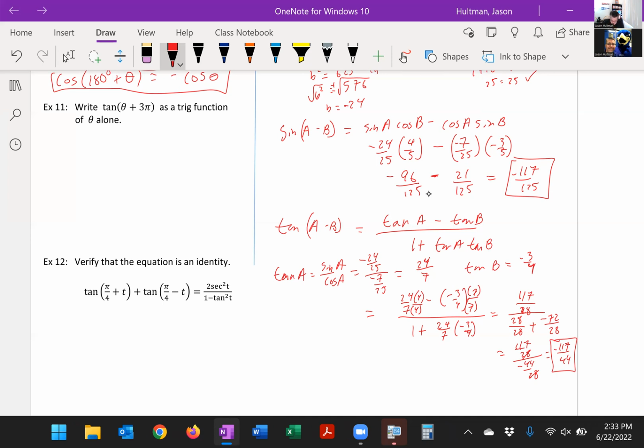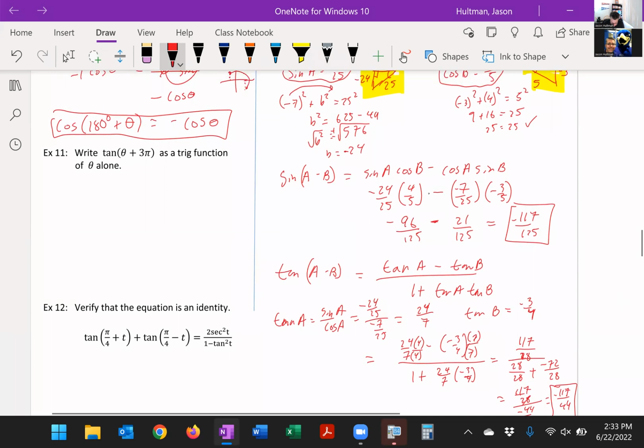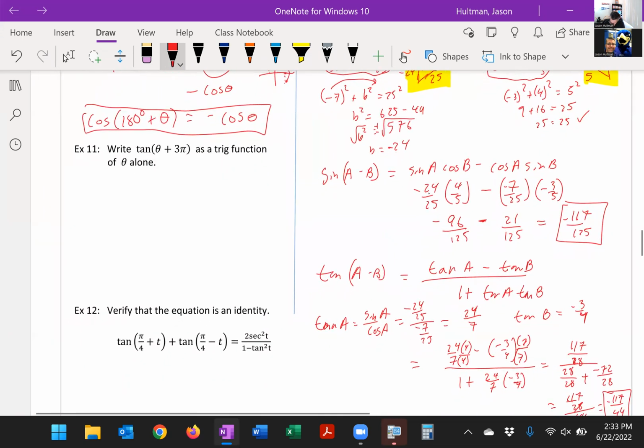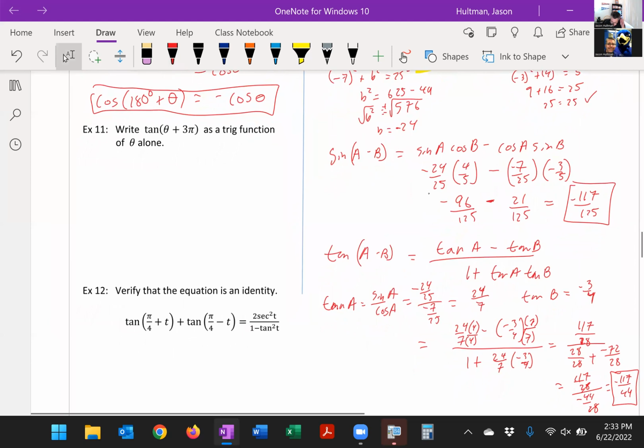Okay, let's look at example 11 here. It says, write the tangent of theta plus 3 pi as a trig function of theta alone. So the tangent of theta plus 3 pi is equal to the tangent of theta plus the tangent of 3 pi, which is really the same as pi, because once you go around 2 pi, it's really just the tangent of pi.